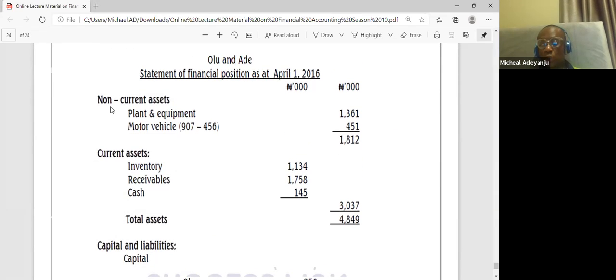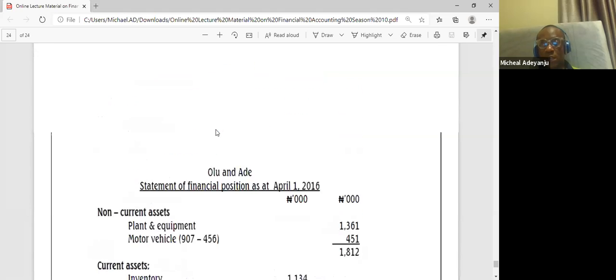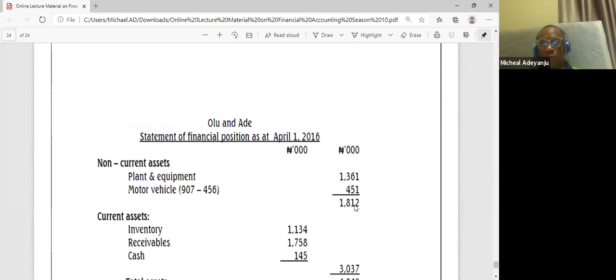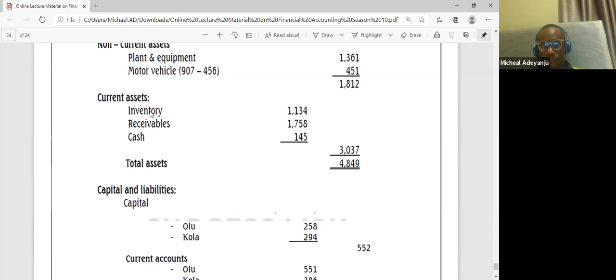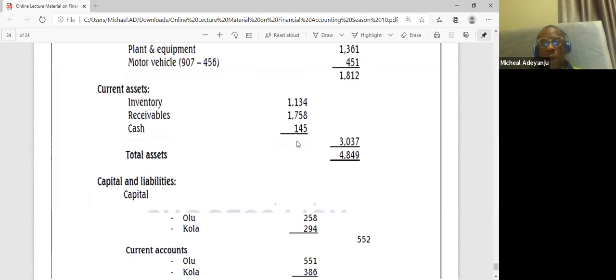So for our non-current assets, we have it already. Our motor vehicle, remember, is 907, but we've deducted 456 worth of vehicle because we have given it to Ade, and we have 451 left. Inventory, we have our figure. By adding them together, we have total assets.